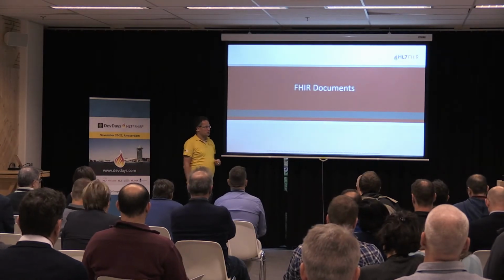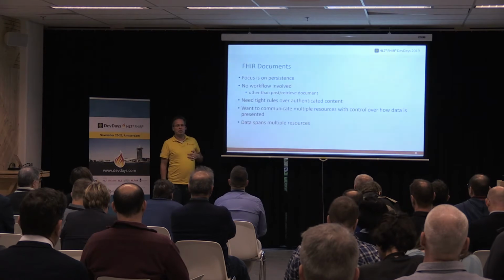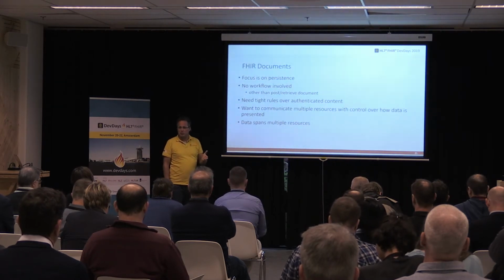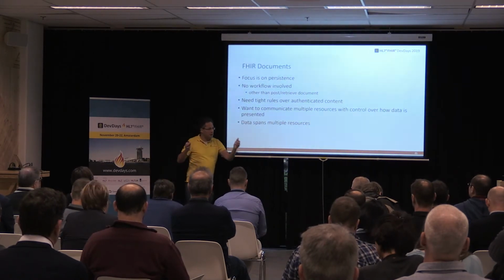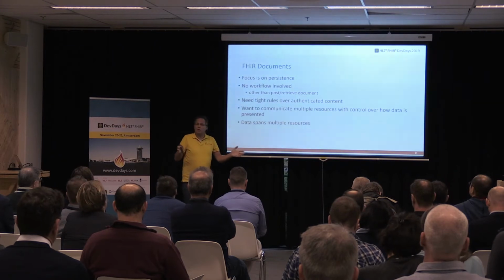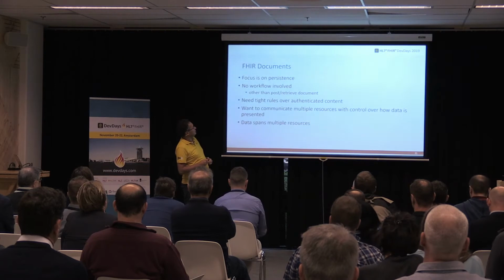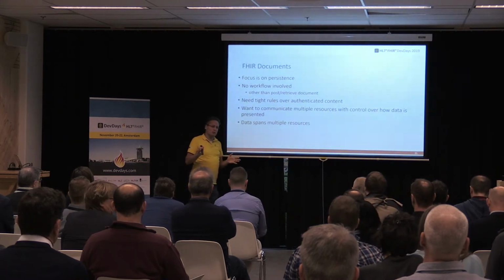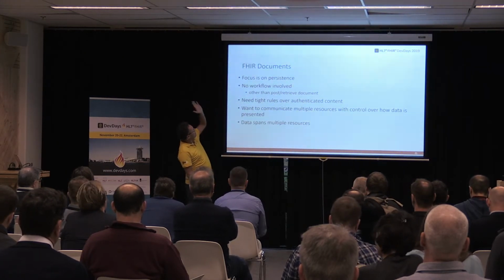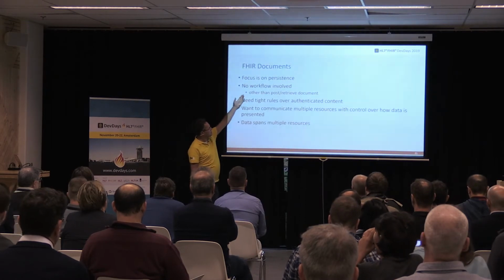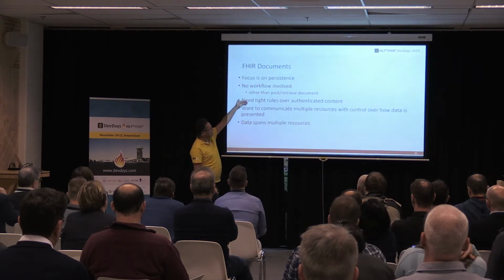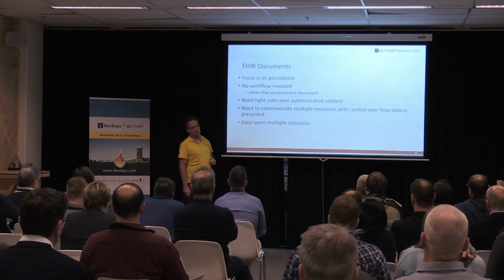Now, FHIR documents are the other part where you have overlap because, as you know, XDS is document agnostic. You can basically exchange any document type. And one of those document types could be a FHIR document. Yesterday I spoke at length about FHIR documents, so I'm not going to repeat that. But FHIR documents are focused on persistence, human readability and authenticated content.